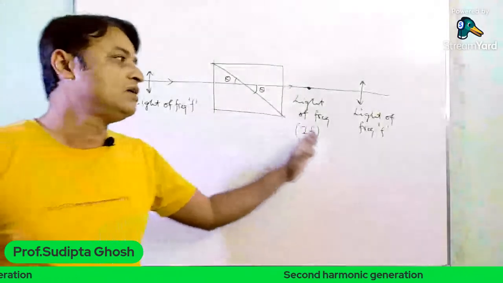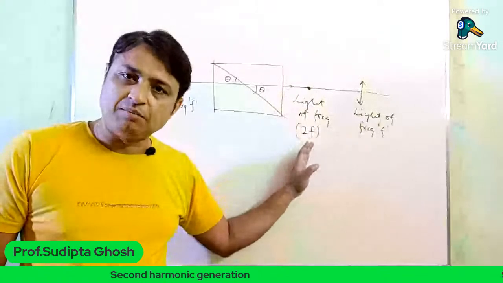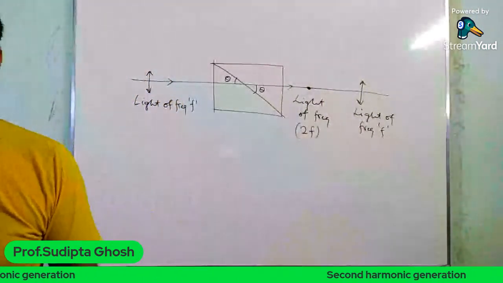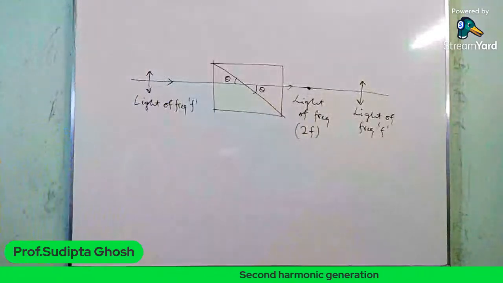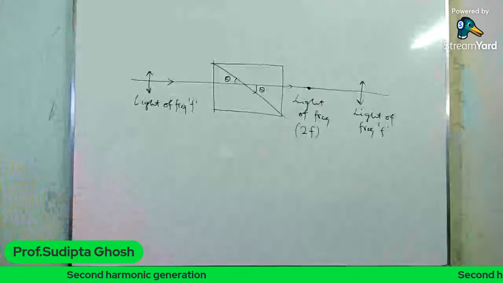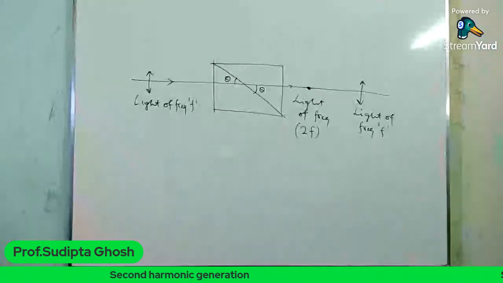After that we have two components. One is the second harmonic wave and the other is the secondary wave, which has the same frequency but a different amplitude compared with the incident beam.